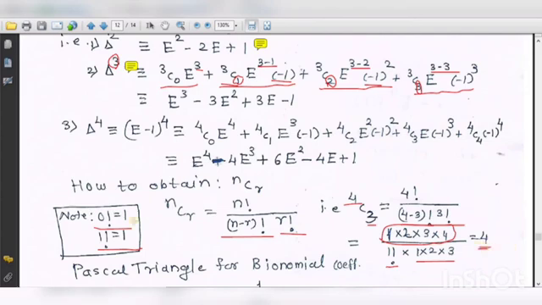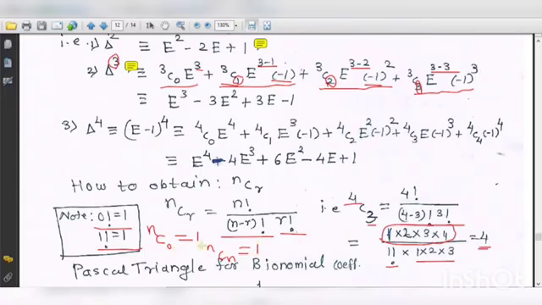So the answer of 4C3 is 4. If you use this formula to find 3C0, 3C1, 3C2 and 3C3, we will get these values. 3C0 is 1. Always, NC0 is 1, as well as NCN, that is 3C3 or 4C4, this is also always 1.